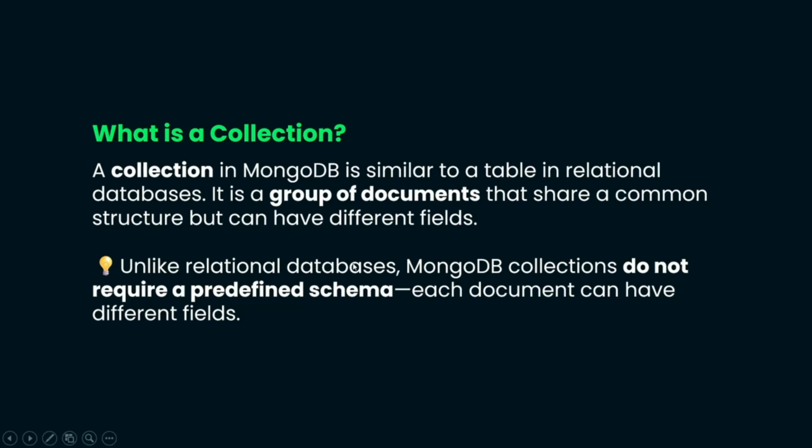And unlike relational databases, MongoDB collections do not require a predefined schema. Each document can have different fields. Now, we will understand this point in great detail in the coming lectures of this course. But for now, you need to understand that just like how we have tables in a relational database, in the same way, we have collections in a non-relational NoSQL database.